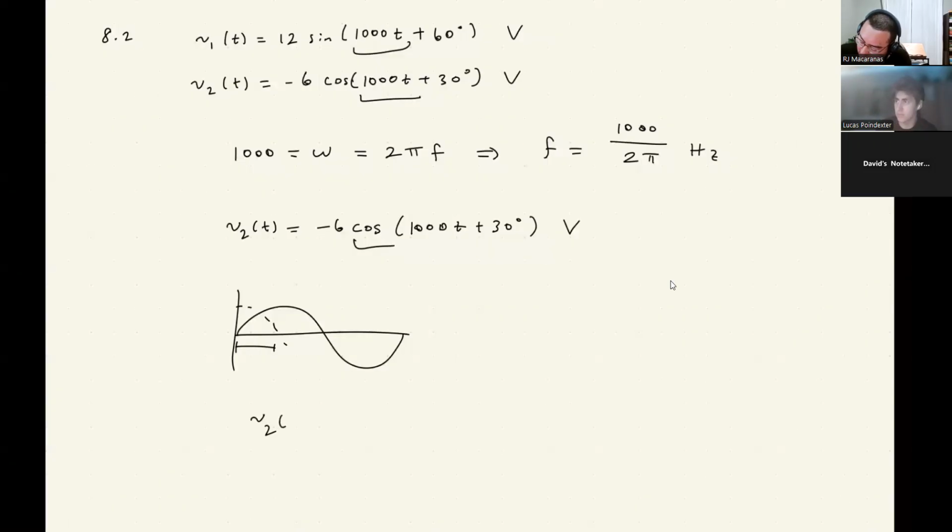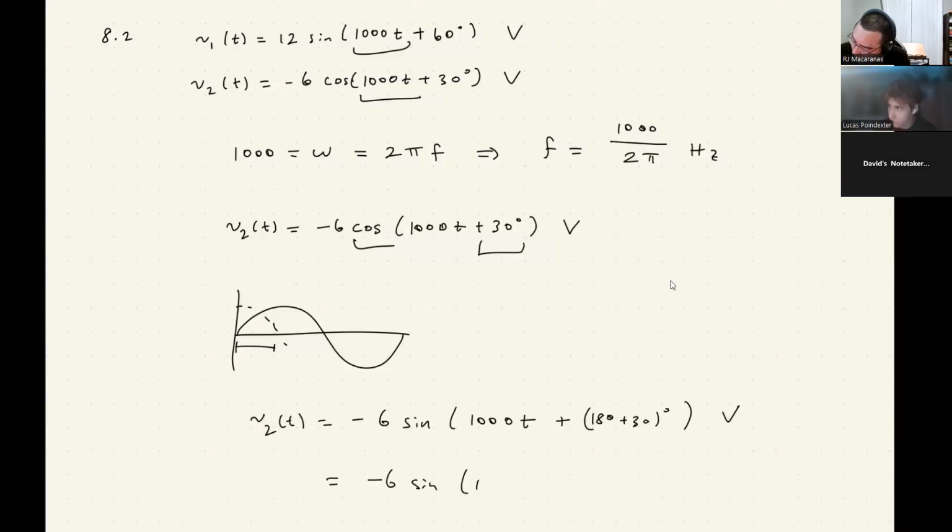So I'm going to add 180 degrees to my phase shift here, and this is going to be sine. So if I do 180 plus 30 degrees, I should get 210 degrees here.